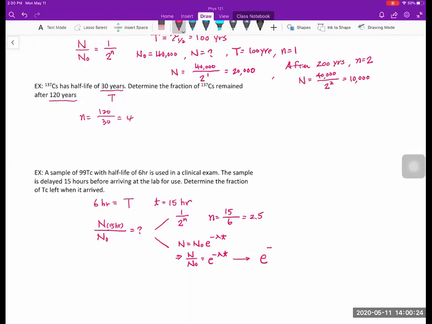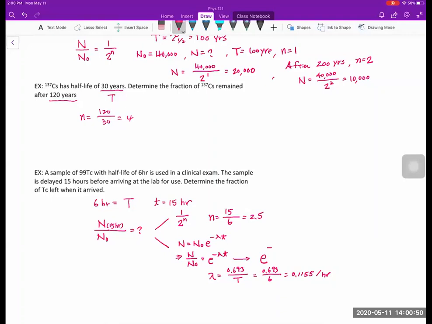So what is lambda? It's 0.693 over this big T, which is 0.693 over 6. That is your lambda, so this will be 0.1155 per hour.